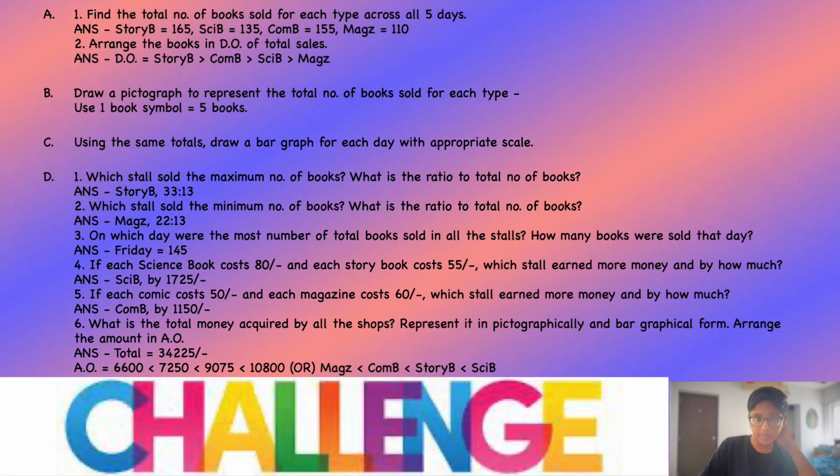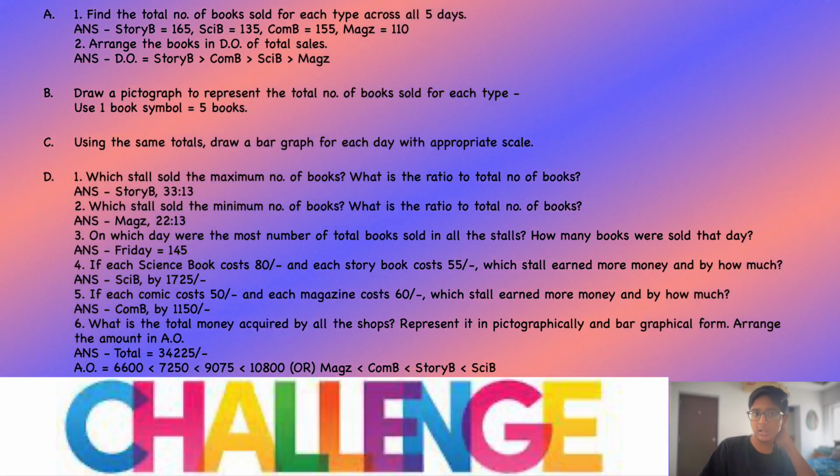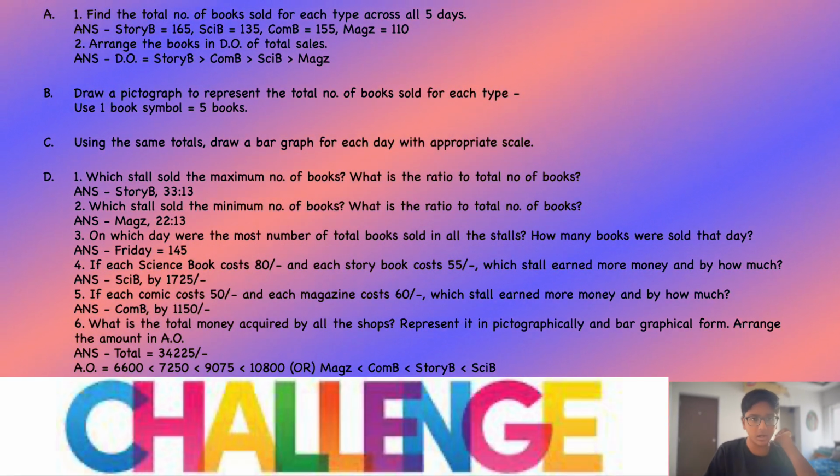The first question was: find the total number of books sold for each type across all the 5 days.